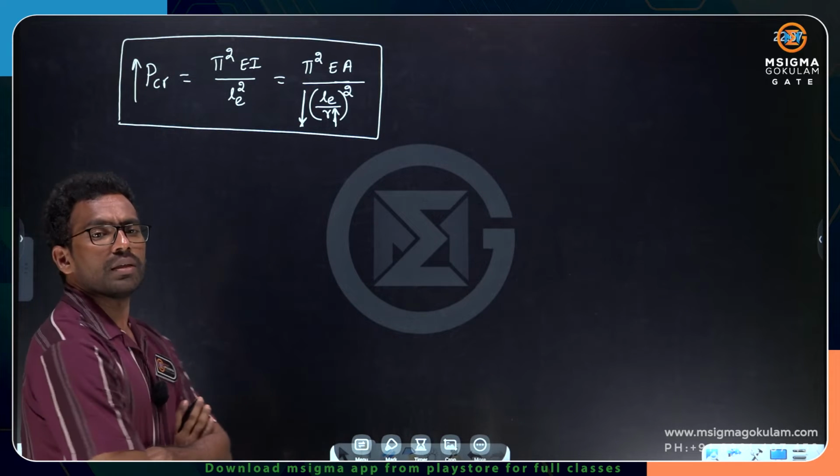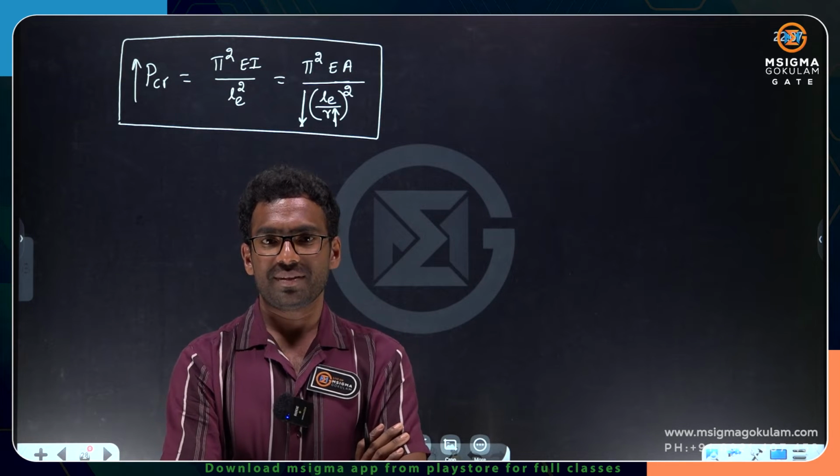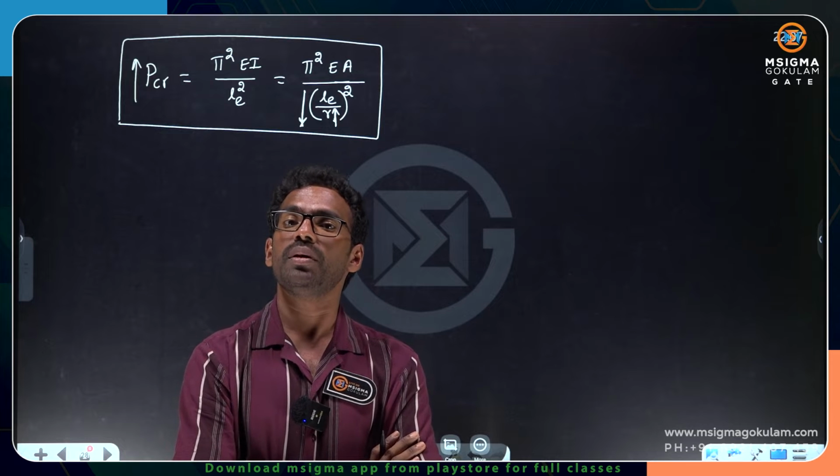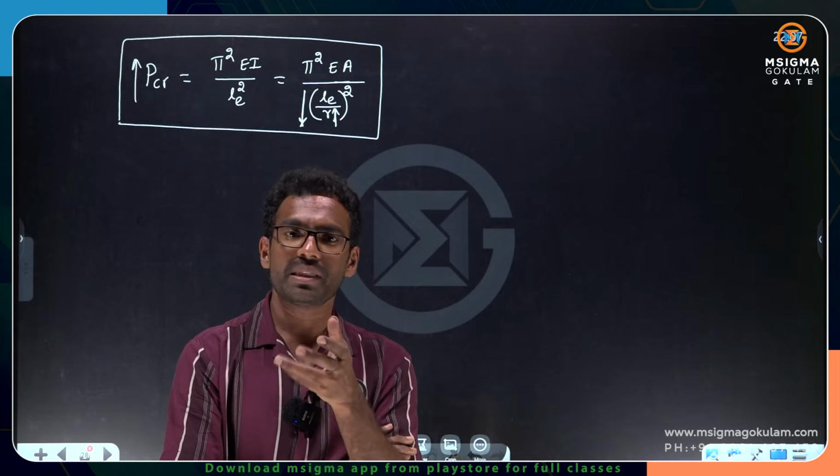So among all the hollow sections, the one which gives the highest minimum radius of gyration is the best compression member.